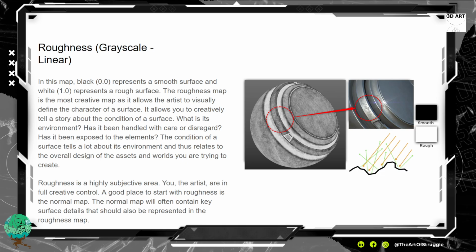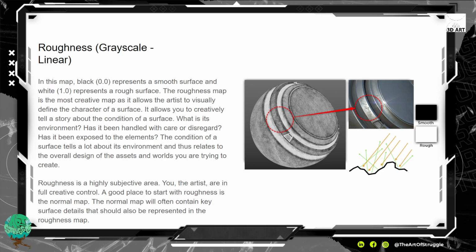So it allows you to creatively tell a story about the condition of the surface. What is its environment? Has it been handled with care or disregard? Has it been exposed to the elements? The condition of the surface tells a lot about the environment and thus relates to the overall design of the asset and worlds you're trying to create.